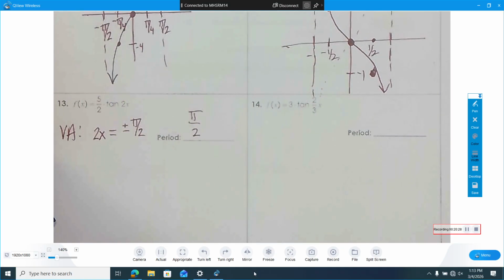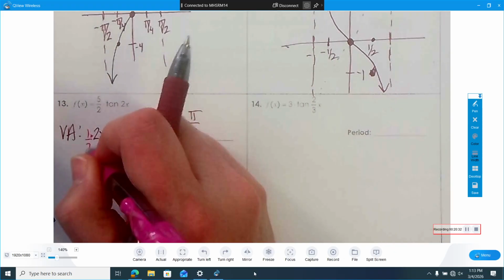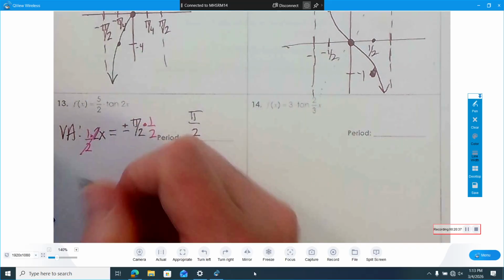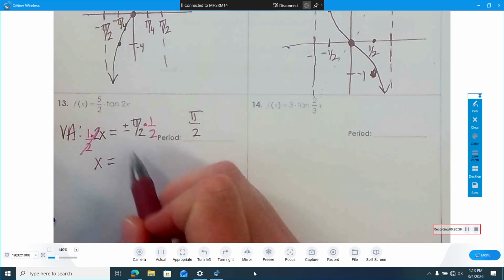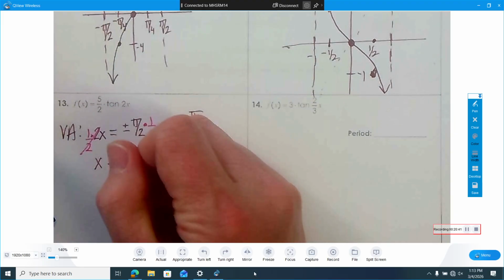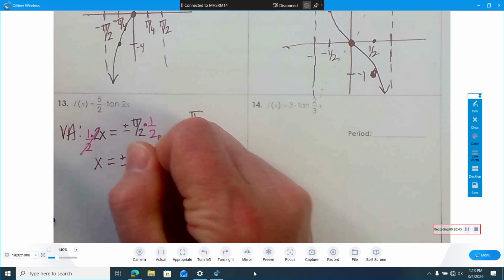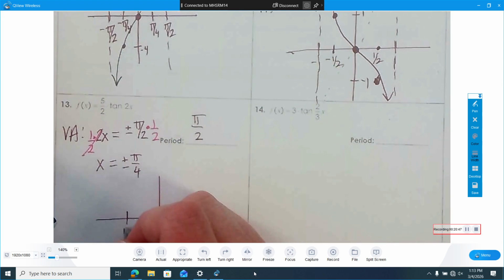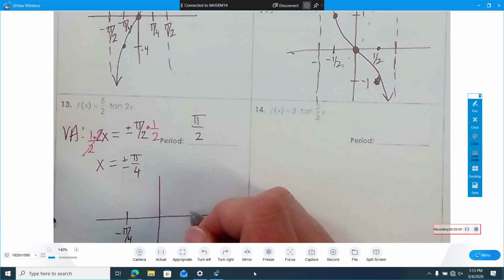And how do we get x by itself? Divide by 2. Can I also multiply by half? That's the same thing, right? It's just a little easier when I'm dealing with fractions. What's pi over 2 times a half? Pi over 4, yeah. So here on this graph, I have asymptotes at pi over 4 and negative pi over 4. Whoops, positive pi over 4.